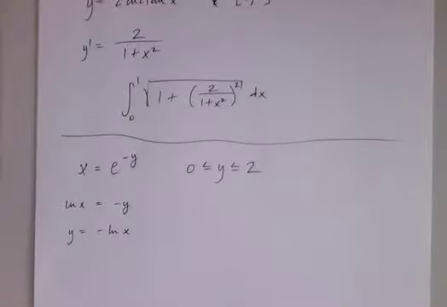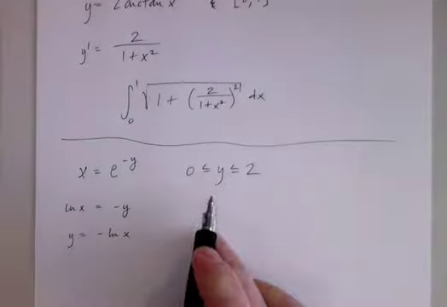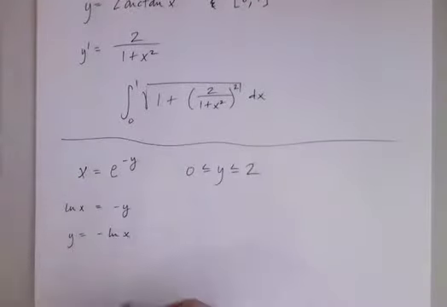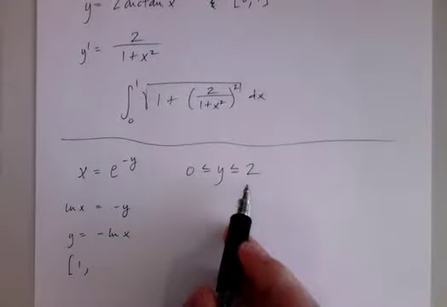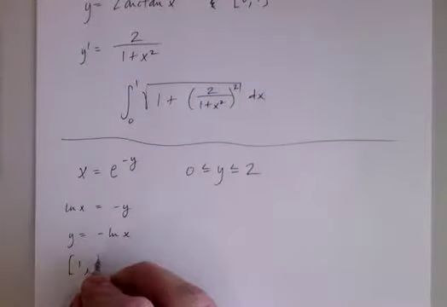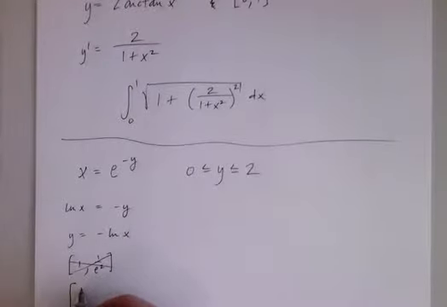Then all we would have to do is just transform that interval where when y is 0, x is 1, and when y is 2, it's e to the negative 2, or 1 over e squared. So actually this is in the wrong order. It would be 1 over e squared to 1.